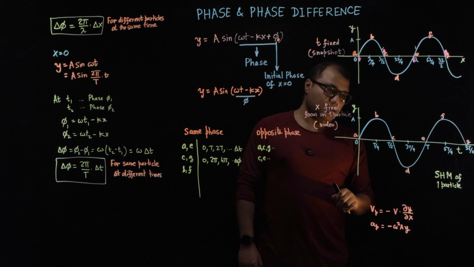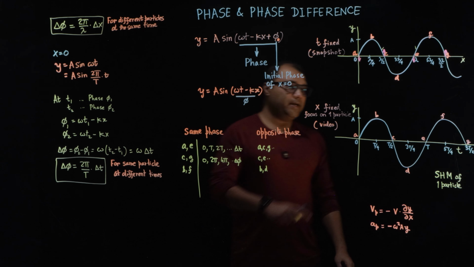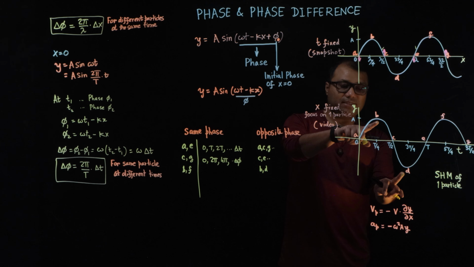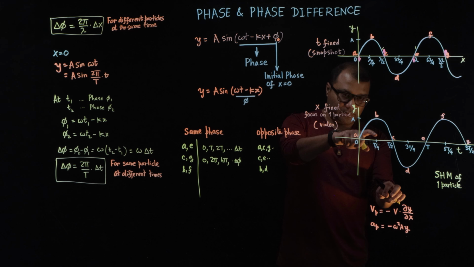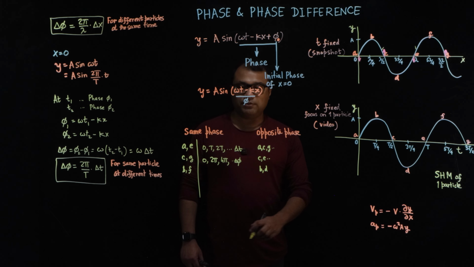B and D are in opposite phases. You get it, right? For both B and D, the displacement amount is the same but in opposite direction. Velocities are 0 in both. The accelerations, for B it is some magnitude towards the mean position, for D it is the same magnitude in the opposite way towards the mean position. So B and D are in opposite phases.